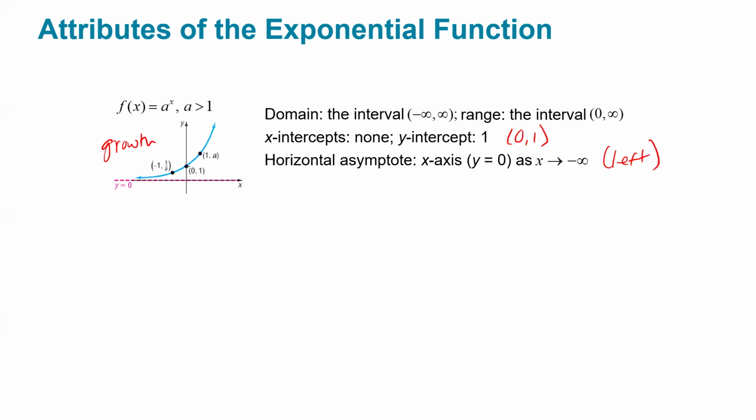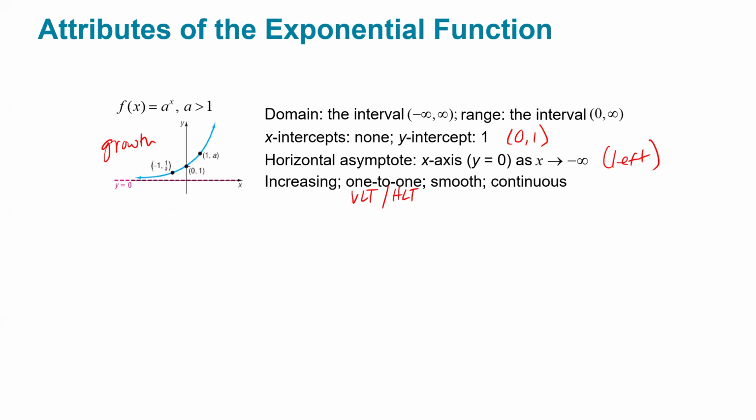Okay. So overall, we would say that this function is increasing from left to right. It's a one-to-one function, meaning that no x values repeat and no y values repeat, so it passes the vertical line test and the horizontal line test. It is smooth and continuous, so I can take my finger, trace along it, and there are no gaps or holes in my graph.